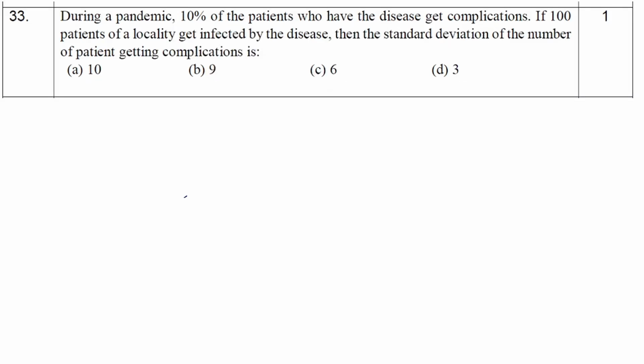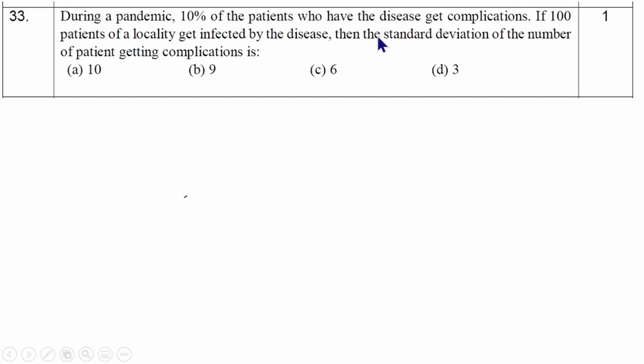The next question. During a pandemic, 10% of the patients who have the disease get complications. If 100 patients of a locality get infected by the disease, then the standard deviation of the number of patients getting complications is. So here it is given in a pandemic 10% of the patients who have the disease get complications.